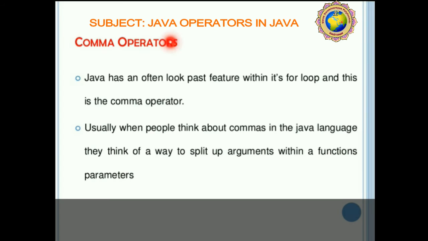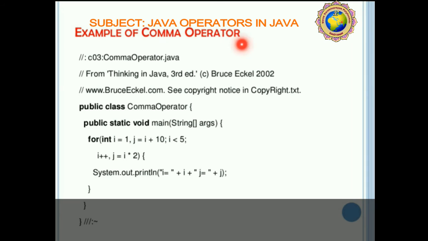Now the comma operator. Java often has this feature, whether it's in a for loop, and this is the comma operator. Usually when people think about commas in the Java language, they think of a way to split up the arguments within functions and parameters. An example of the comma operator: integer i equal to 1, comma j equal to i plus 10, semicolon; i less than 5, i plus plus, comma j equal to i into 2.